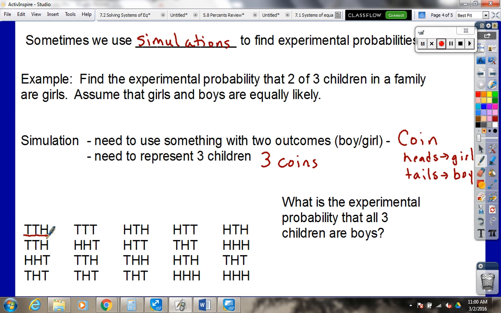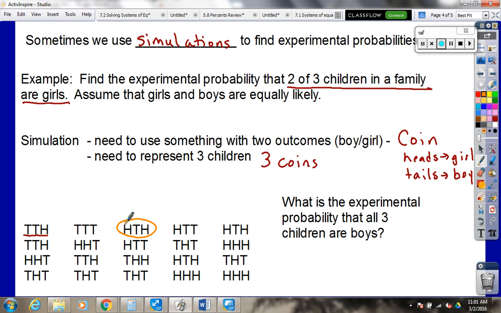So I want you to go through. Oh, I'm sorry, wait a second. We need to go back up to this one. Find the experimental probability that 2 of 3 children in a family are girls. So we're going to go through and circle all the situations where we have 2 girls. In this example, we have 2 heads, so we have 2 girls.